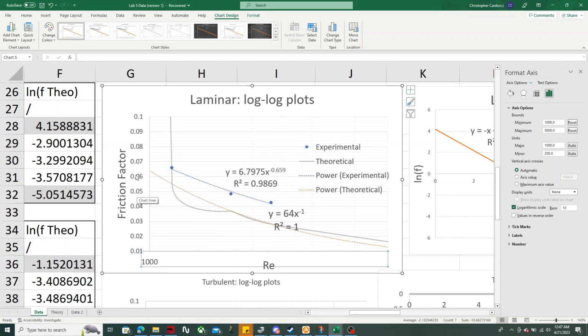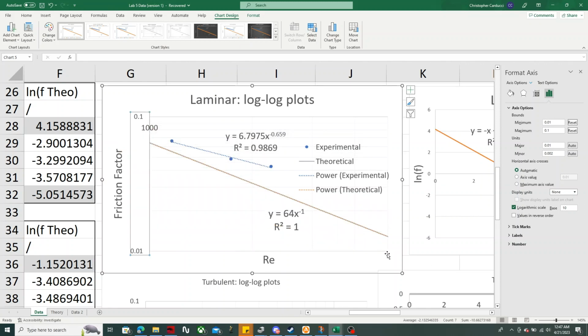And then again for the y-axis, logarithmic scale. Now you can see that when we do the logarithmic scale, if it is a power relationship, so y is equal to some constant times x raised to some power, it'll look linear, where the slope of this line will be the exponent, right?